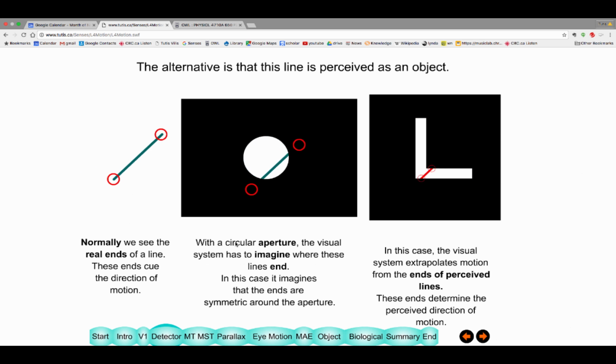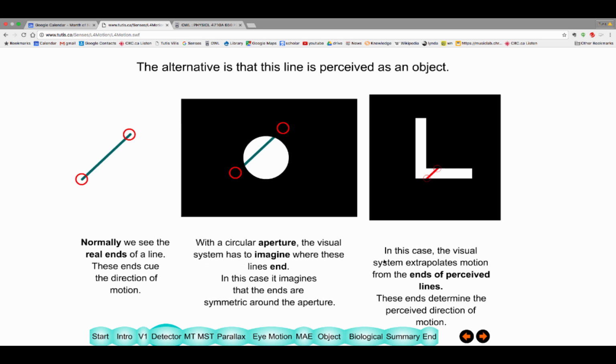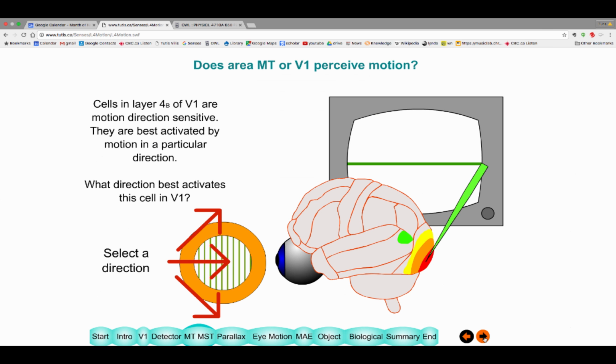Here it can't, but it assumes that the ends of the line are always there. And in this case, it assumes the ends of the line are moving. Can you see those tiny little circles at the ends of that line there in the L? I haven't drawn them big enough, I think, to accentuate them. Okay.